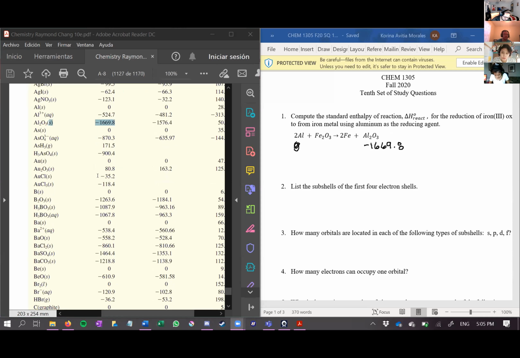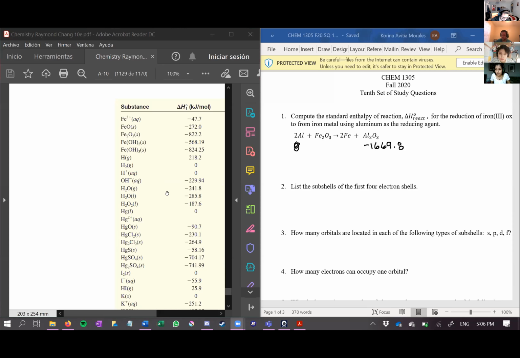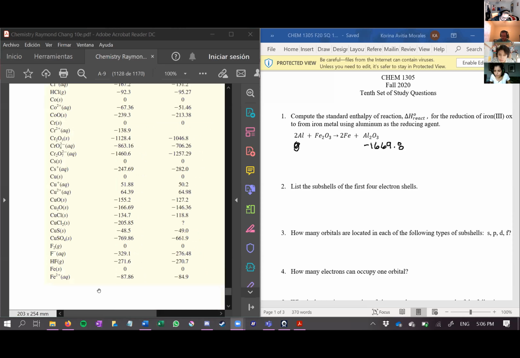It may take me a little bit. Sorry. Oh, there you go. Okay. So what do we have for iron? Oh, the iron one is probably on the last page. There we go.